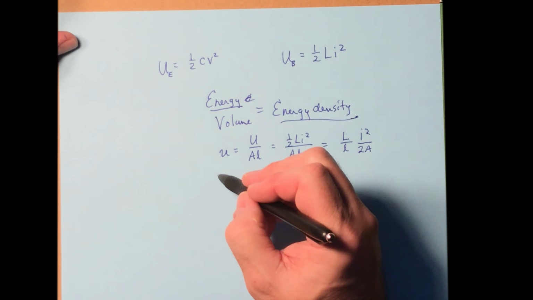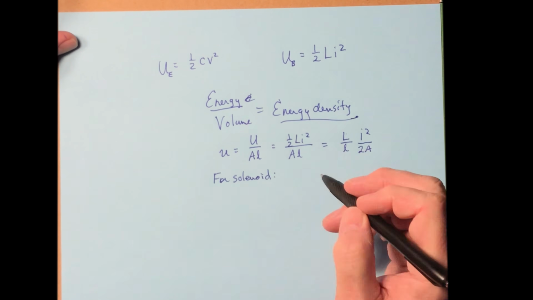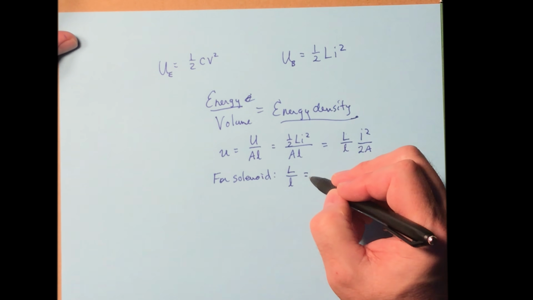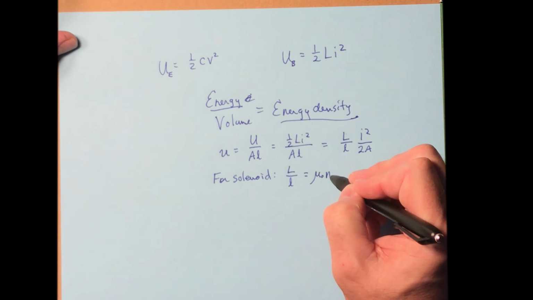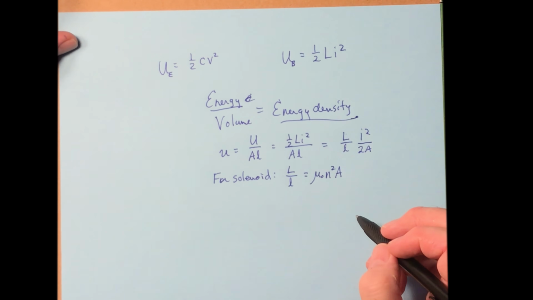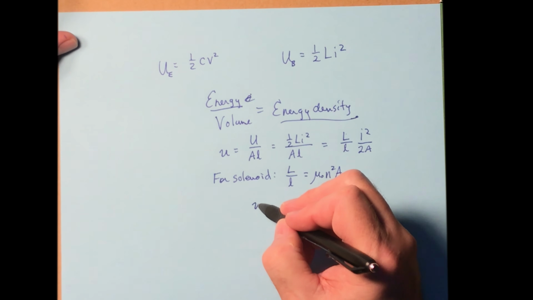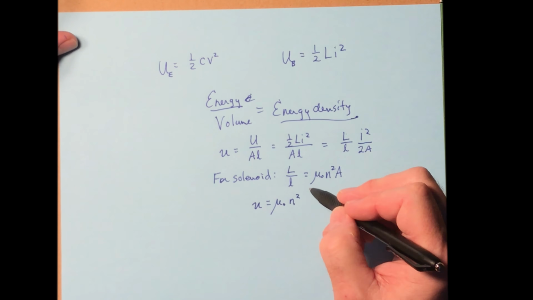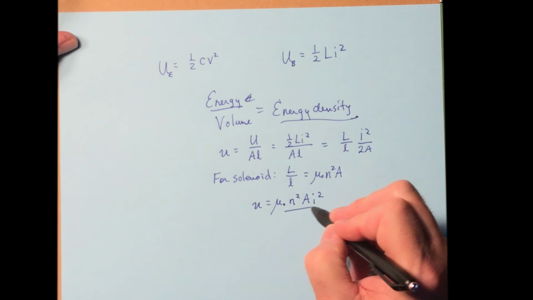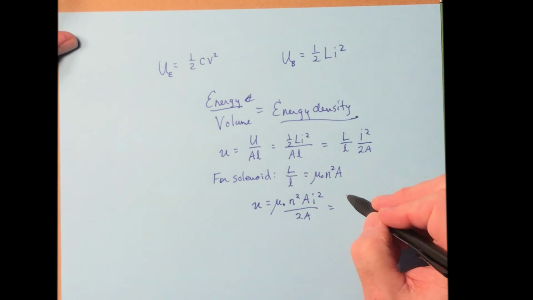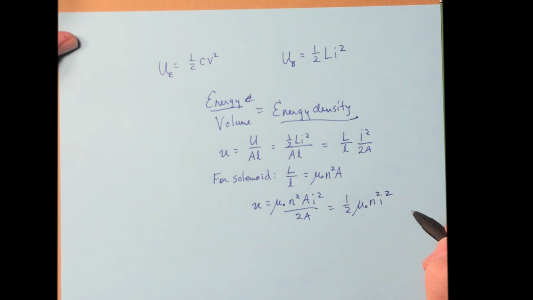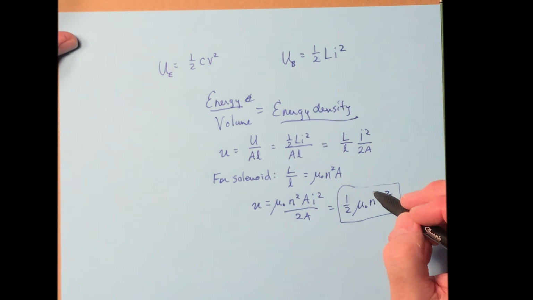Now specifically for a solenoid, we have L inductance per length is going to be mu naught N squared times the area. So little u becomes mu naught N squared A I squared over 2A, which is 1/2 mu naught N squared I squared. Okay? So there we have an expression for the energy density.